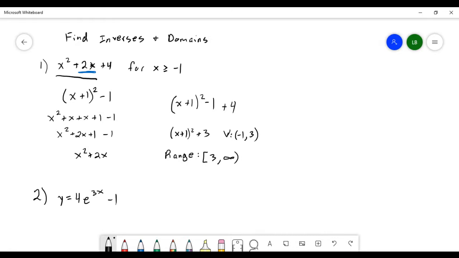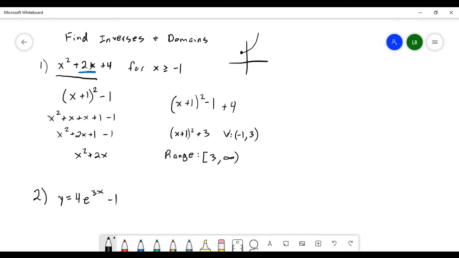So since x is bigger than or equal to -1, we're just going to have half of our quadratic, and we can see that it's 1 to 1, so it'll have an inverse as well. If we wanted to sketch a brief picture of that, we'd have our point -1, 3, and our quadratic would be going upwards like this, just on that half. So we know that it's 1 to 1, so it has an inverse.